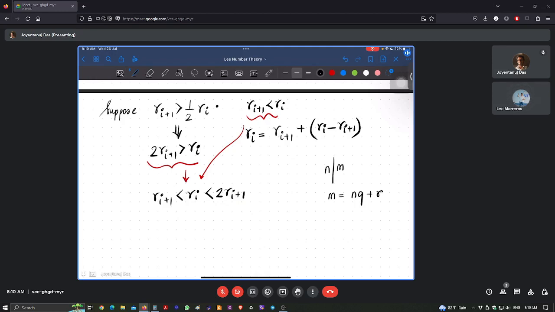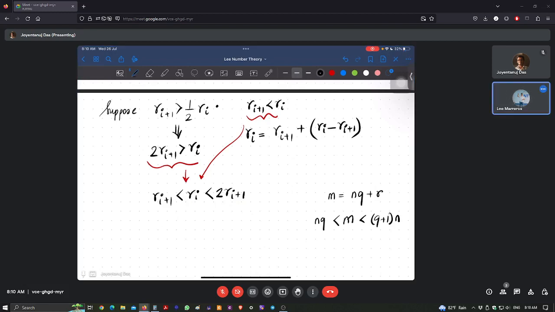So m lies between nq and (q plus 1) times n, because r is strictly less than the divisor, n.